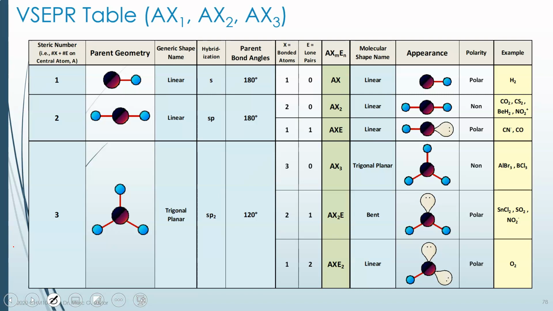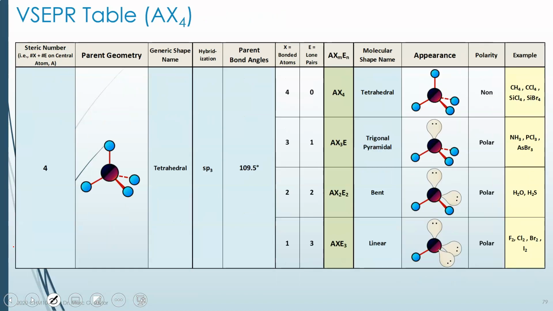This is a complete set of all the AX2s and all the AX3s, and shown here are all the AX4s, including one where you have 3 lone pairs, which would go back to being linear again, like the F2. I know I showed F2 as an AX1, so it actually can count as either way, depending on whether you're counting all the electron pairs or not.